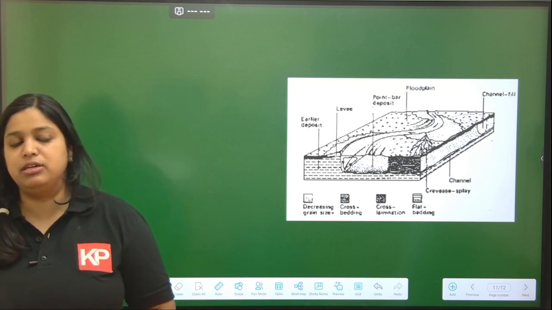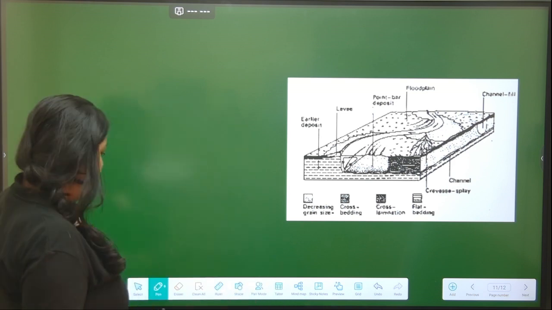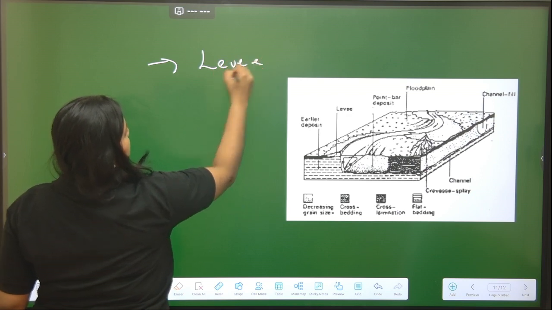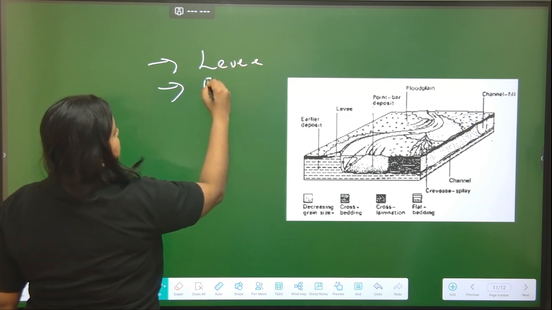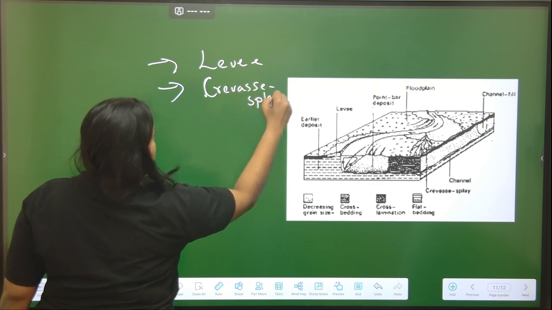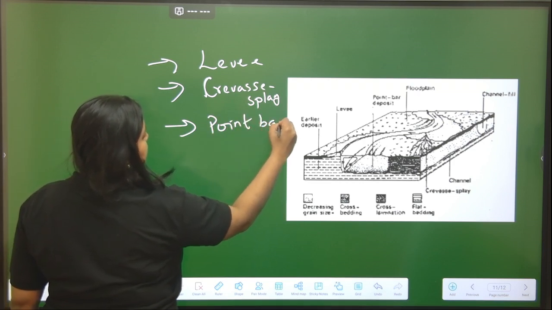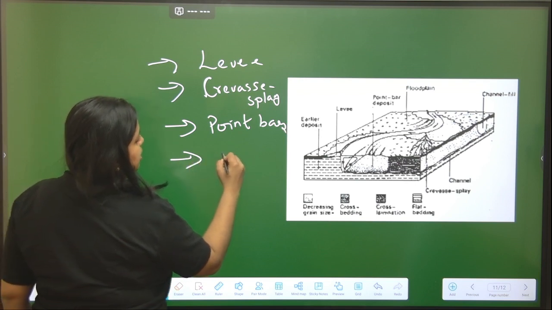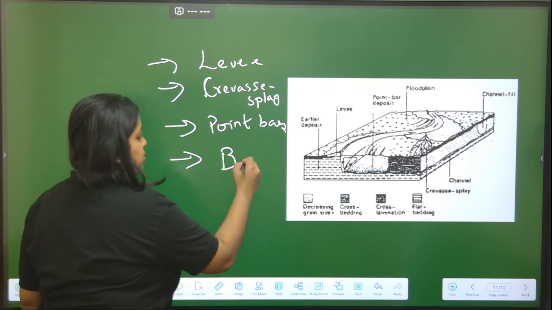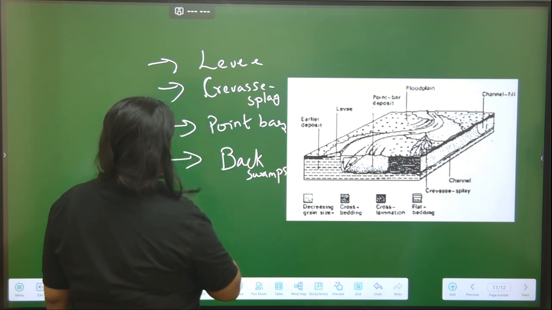The major depositional landforms associated with a meandering channel are natural levee, flood, crevasse splay deposit, then point bars, then the deposits that happen in the swamps, back swamps, and oxbow lake.